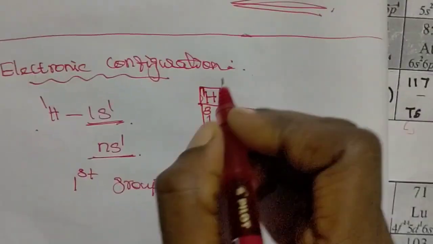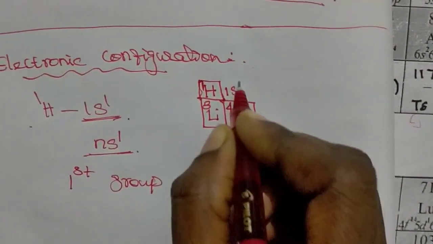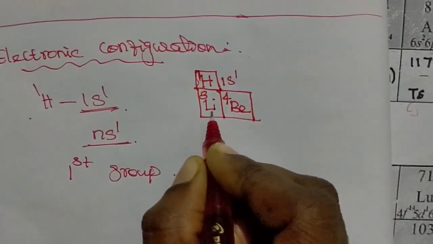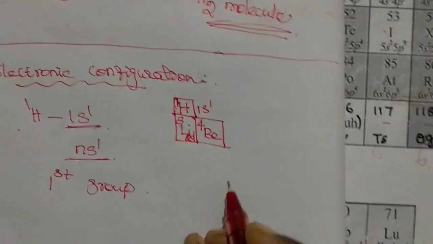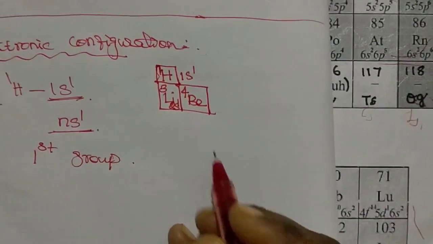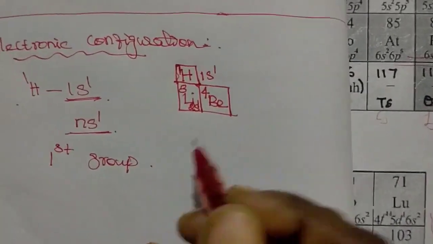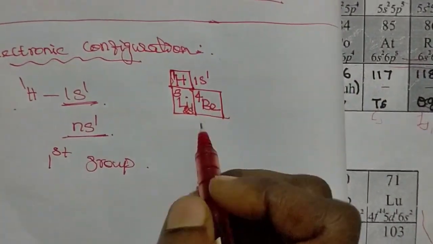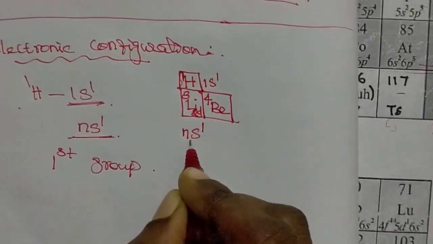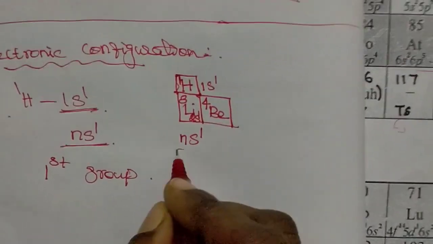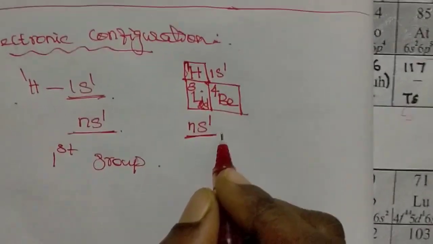See the electronic configuration of hydrogen, it is 1s1. The electronic configuration of lithium is 2s1. Further, it continues with sodium, potassium, rubidium, cesium and francium. The electronic configuration is the same: the general electronic configuration of alkali metals is ns1.